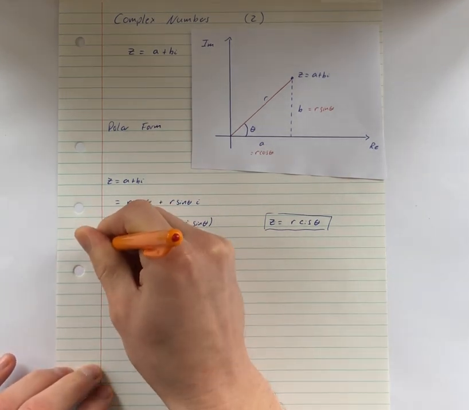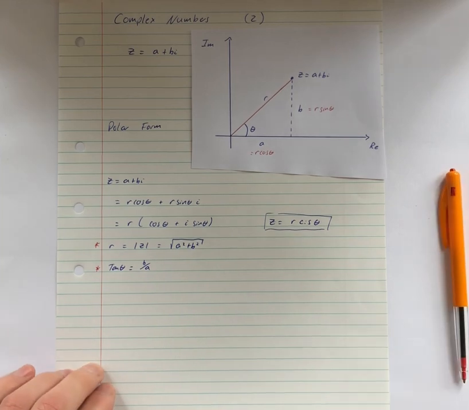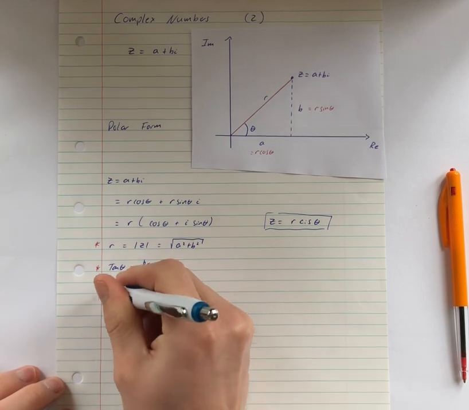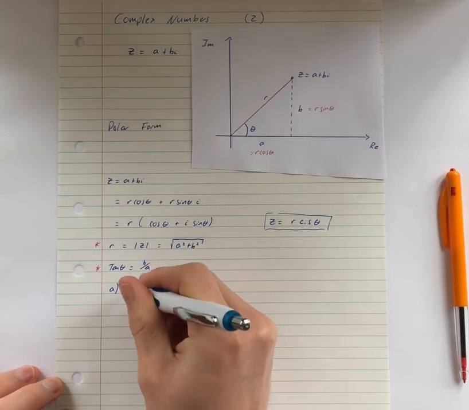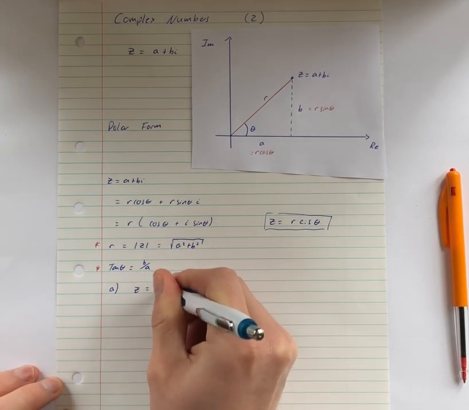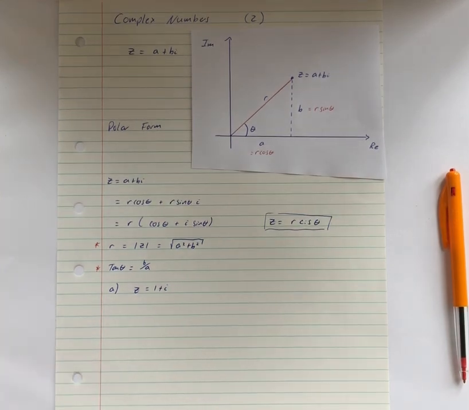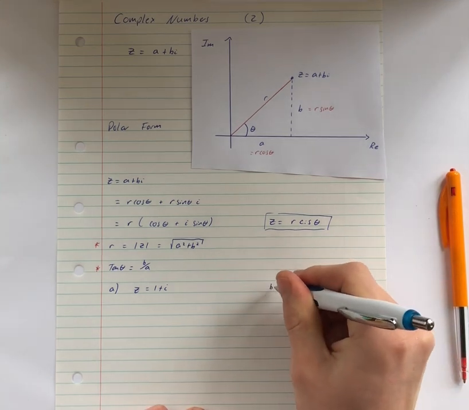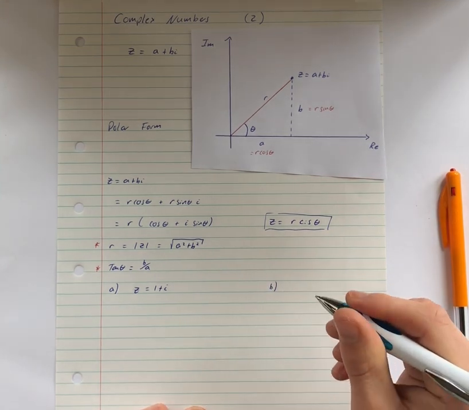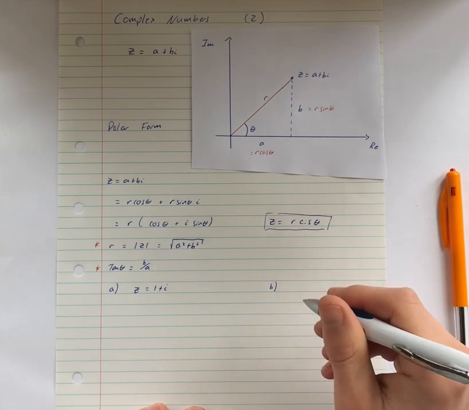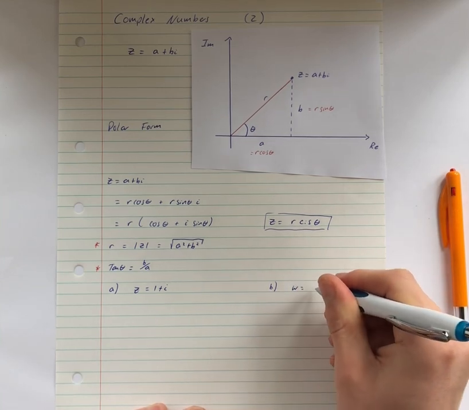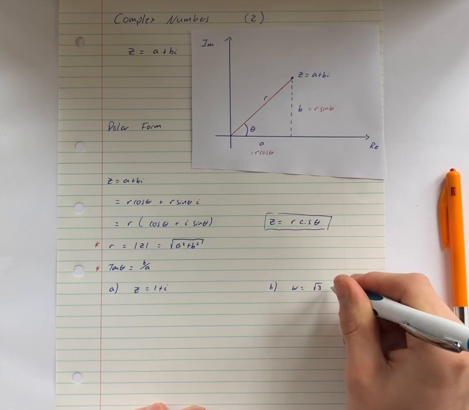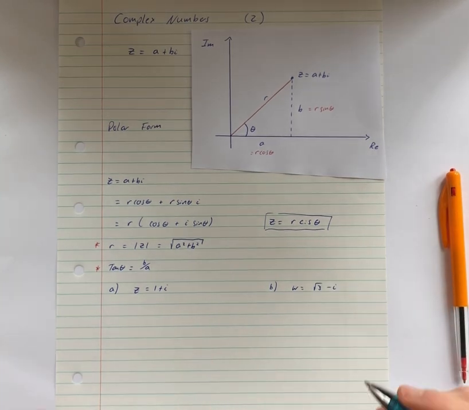These two things are quite important if we were to write complex numbers in polar form. So why don't you pause the video and write z equals 1 plus i in polar form. My other example I want you to have a go at is writing w equals square root of 3 minus i in polar form. So you could pause and give those a go.